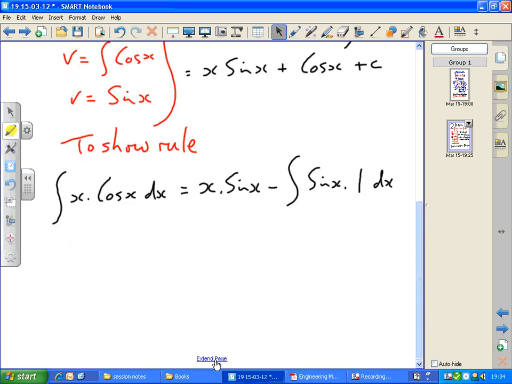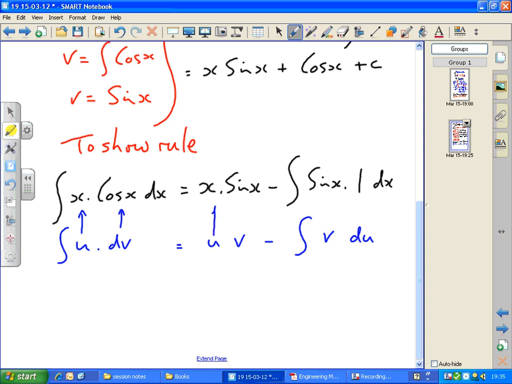And so this shows us the rule because we can now say, okay, the integral of u dv equals uv minus the integral of v du. So that's the u bit, that's the dv bit that we assigned at the start, and the integral becomes u times v minus the integral of whatever v is times whatever du is.